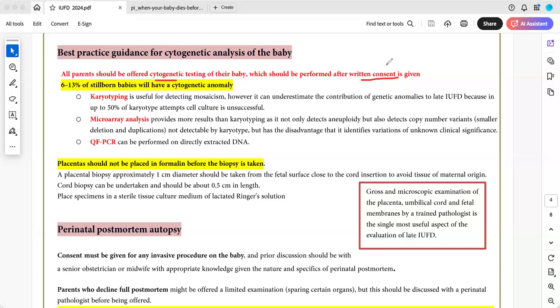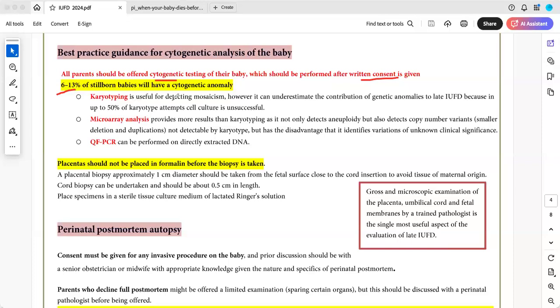So you will not run any investigation on the baby without the parents giving you written consent. 6 to 13% of stillbirth babies will have a cytogenetic anomaly. So this is also asking you about the possible finding, okay? So the cytogenetic abnormality will be found in 6 to 13%.